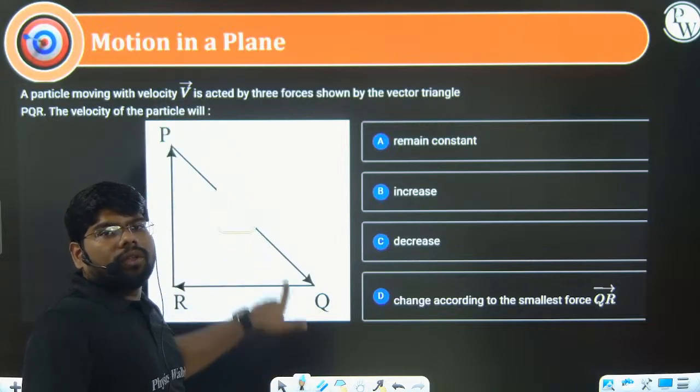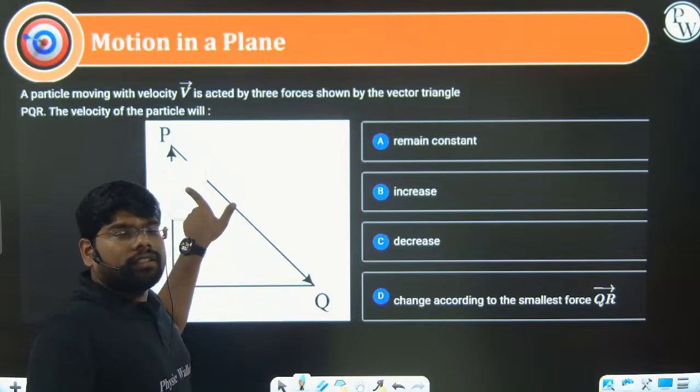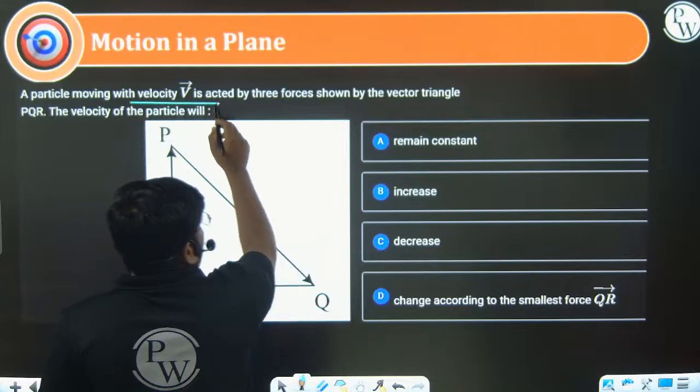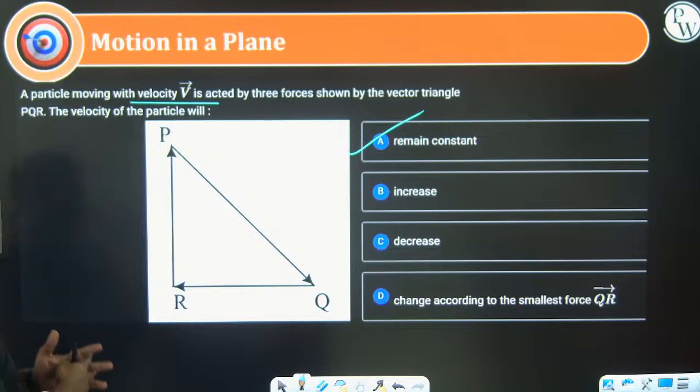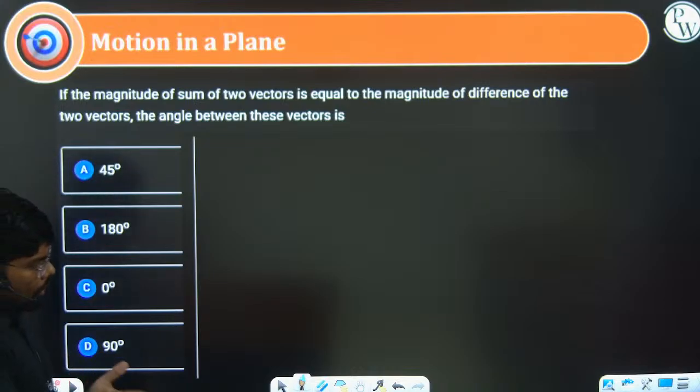Resultant is 0. When resultant is 0, net force is 0, acceleration is 0. When acceleration is 0, will the particle's velocity change? It remains constant. That's it. So nothing will happen to the velocity of the particle. Again, a direct vectors-based question.